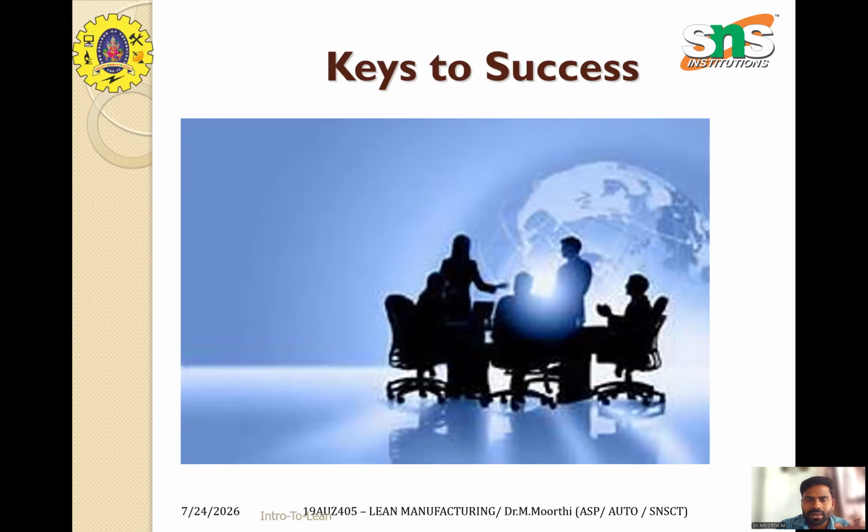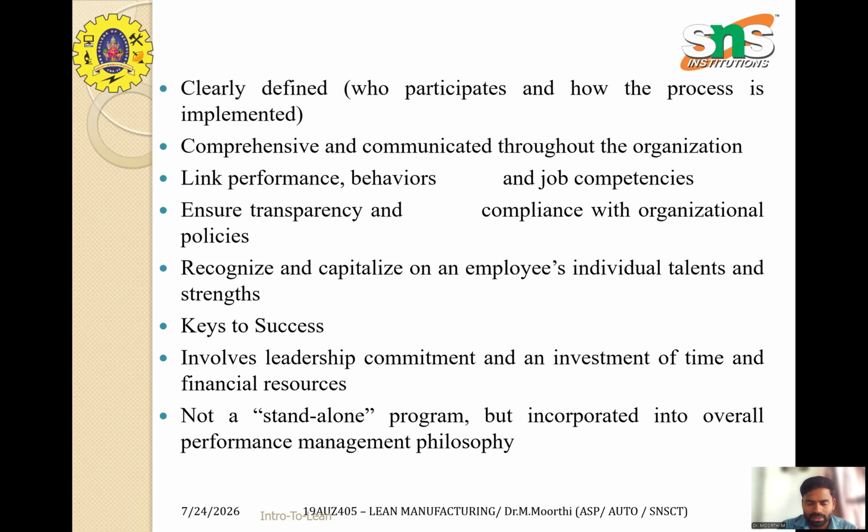The next one is the key to success. The key to success is that the leader should have really good communication skills and competency to discuss within the organization or outside it, clearly defining what the industry is developing, analyzing the performance and the process, motivating the employees toward industry growth.